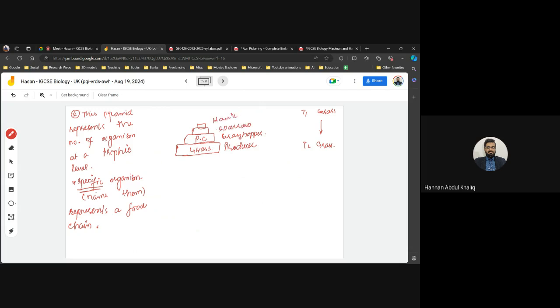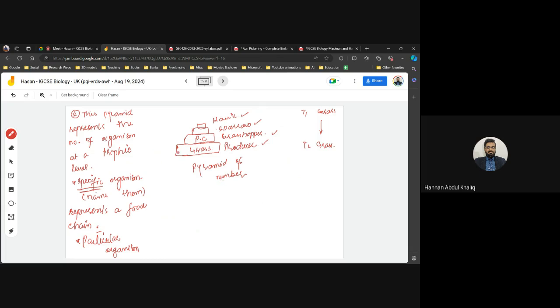So when we specify the organisms by name and talk about a particular organism, this kind of pyramid would be called the pyramid of numbers.